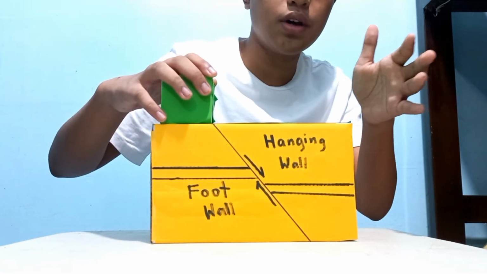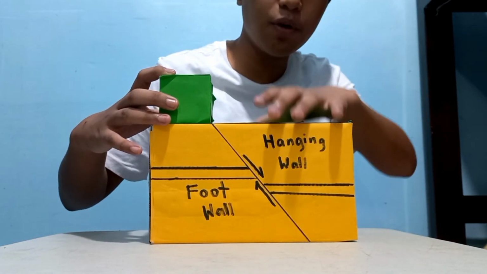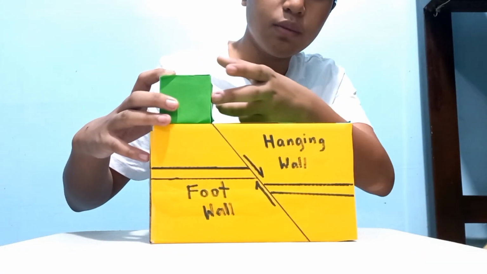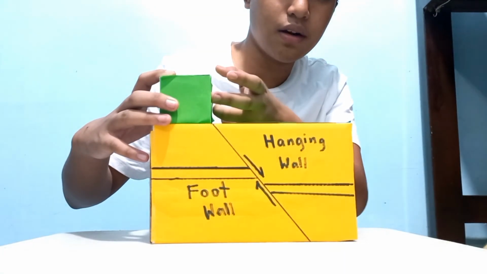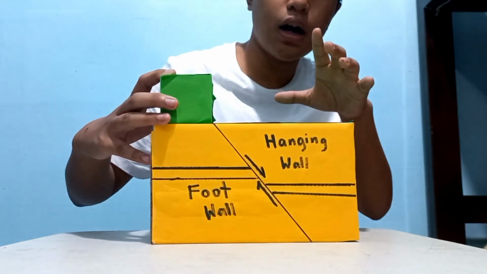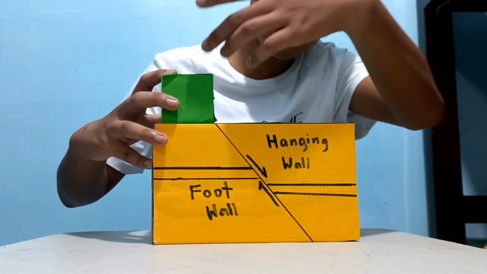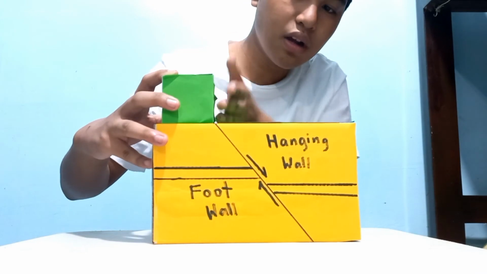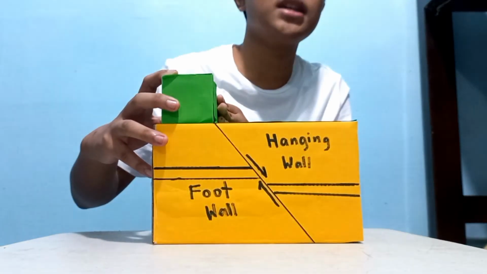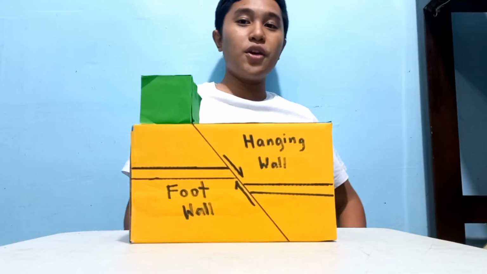Since I could not show you a clear example, either block moves up or down the hanging wall, and there the fault plane would appear. So here is an example of a normal fault, in which the hanging wall is moving down while this is moving up. So this part here is the slip, or in other words, the fault plane.